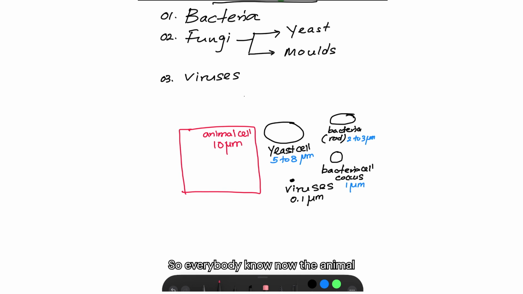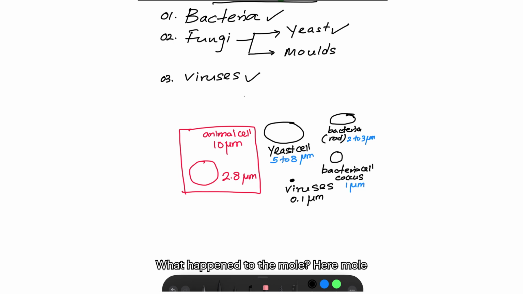Everybody knows the animal cell has a nucleus. What is the size of this nucleus? It is around 2.8 micrometers. Now let's compare the other microorganisms. So we have bacteria, yeast, virus.